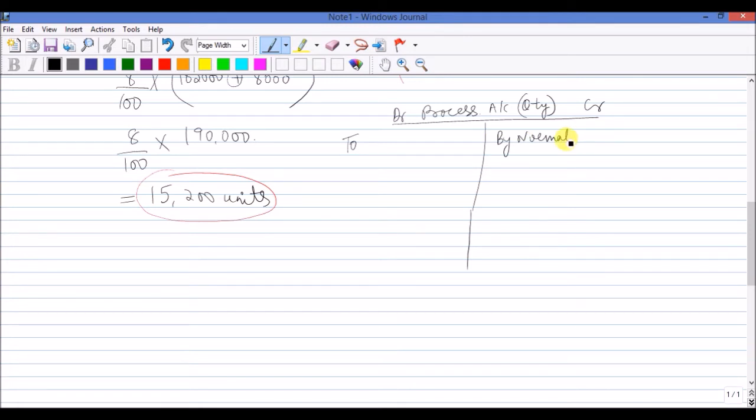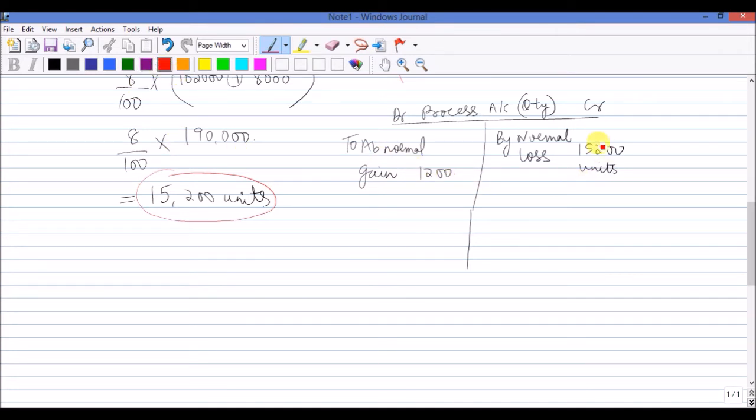We have a normal loss of 15,200 units, and here friends we have an abnormal gain of 1,200 units.